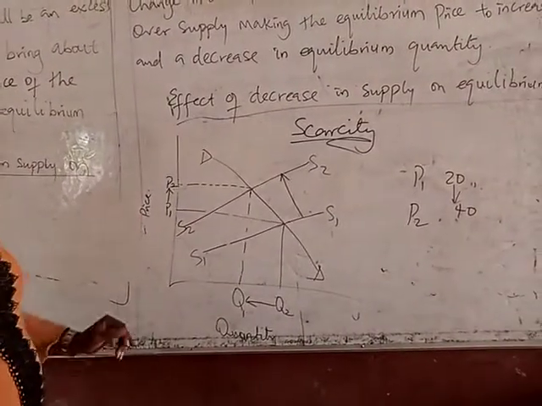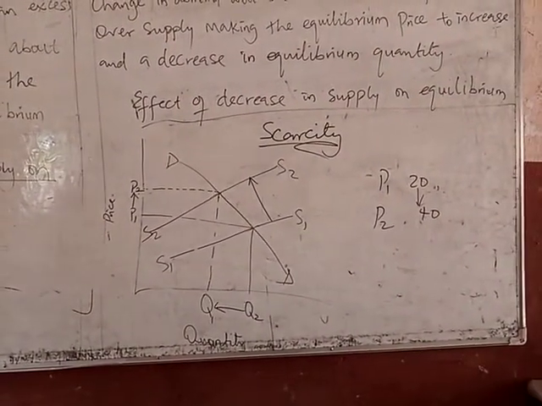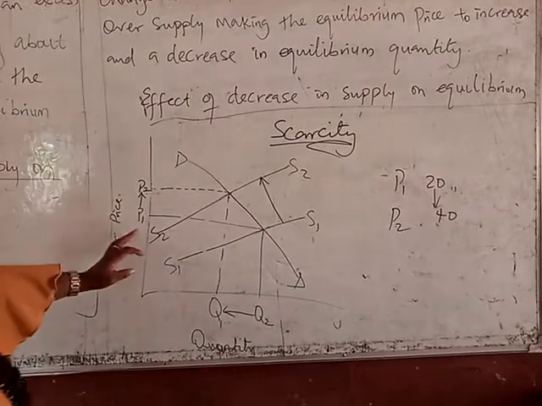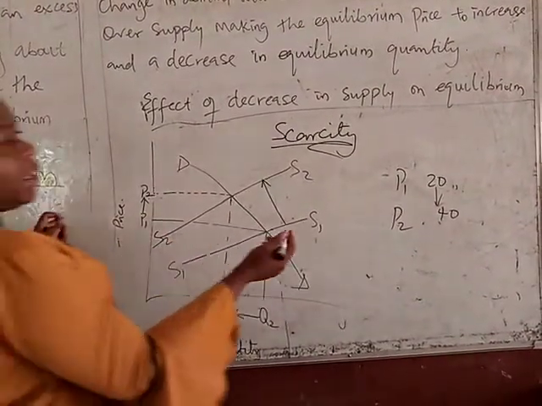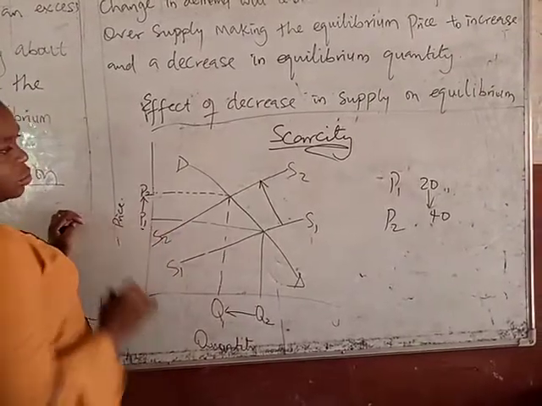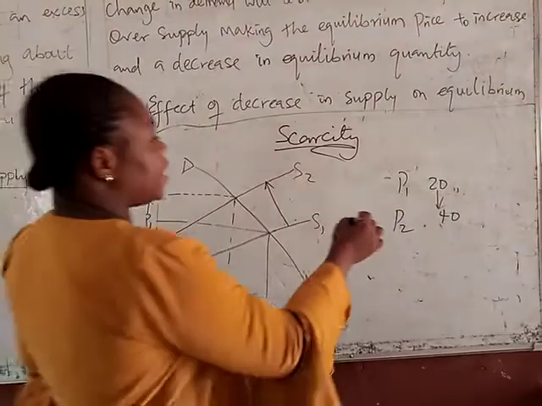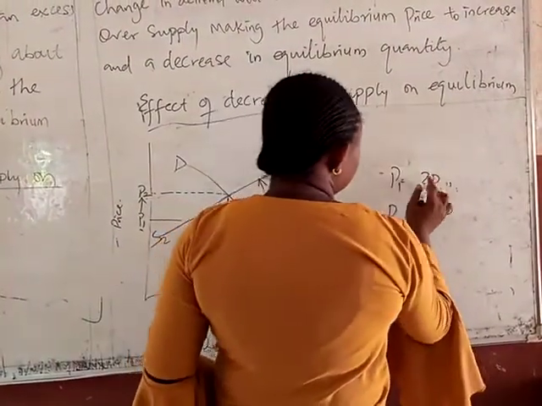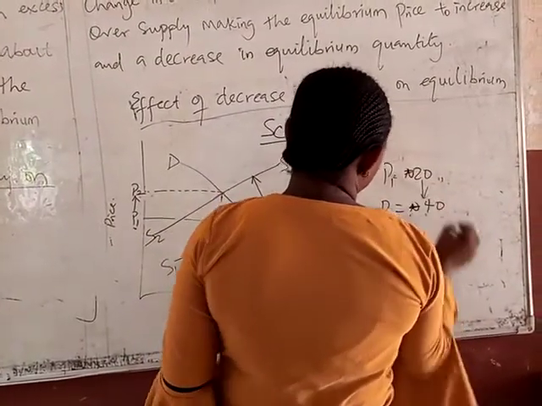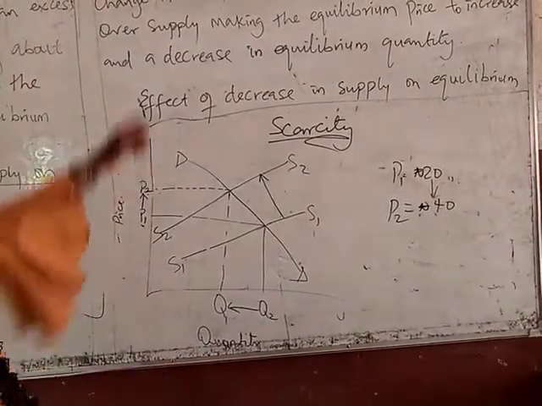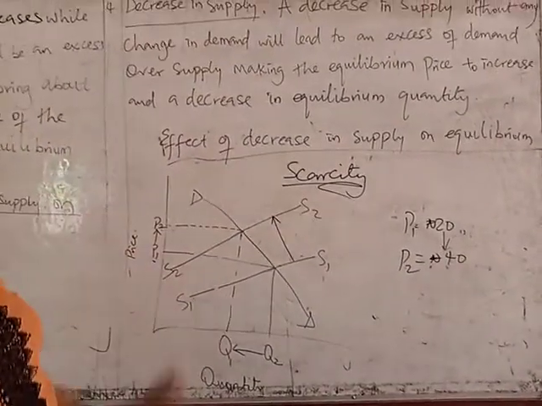Let us look at the graph illustration. You find out that the price increased from P1 to P2. Let us assume that price 1 is 20 naira and price 2 is 40 naira, and remember we are talking about decrease in supply.